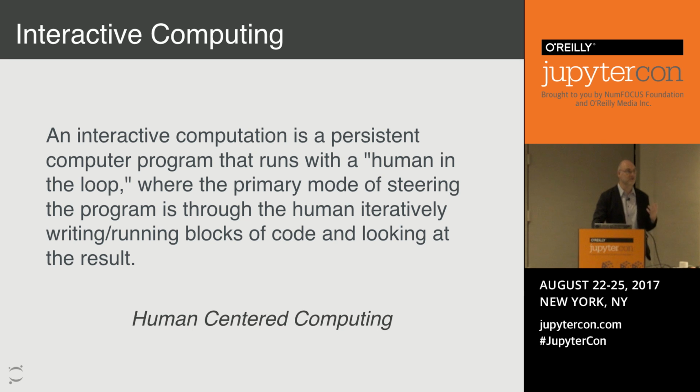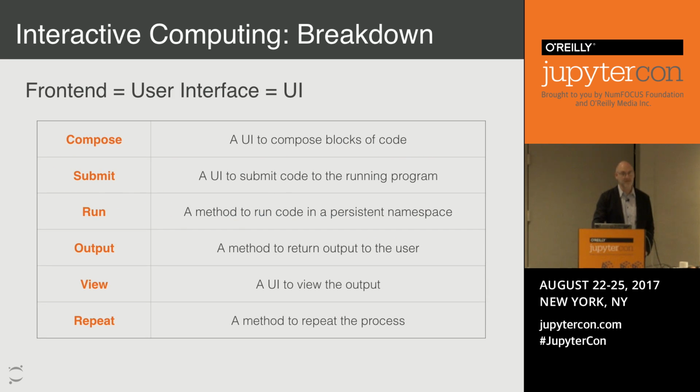And so when we think about user interfaces, those are what sit between the human user and the computer. I'd like to break down this idea of interactive computing into its different parts. In this context, when we talk about a Jupyter front end, we're talking about the user interface. For example, the Jupyter Notebook would be an example of a Jupyter front end. The first thing you need in such a front end is some sort of user interface to compose blocks of code.